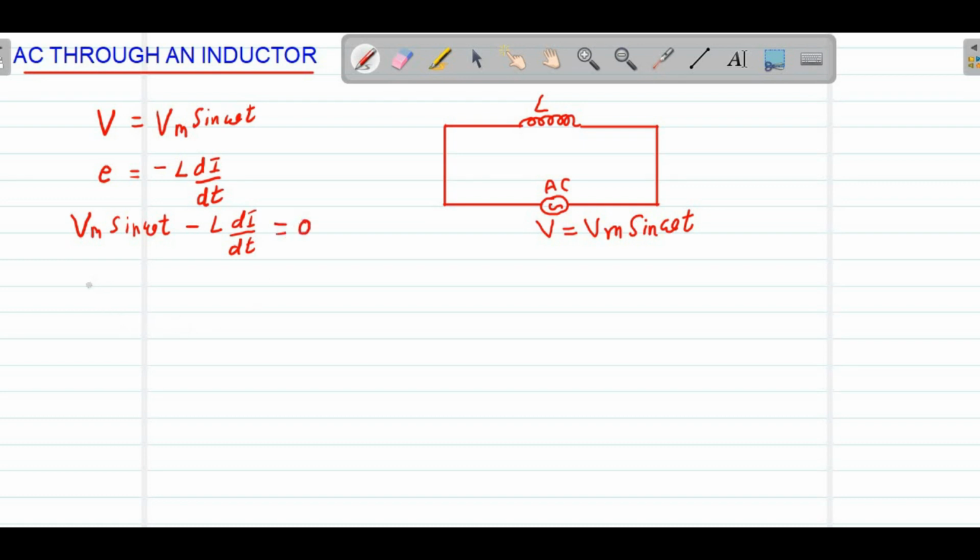So L di by dt is equal to Vm sin omega t.